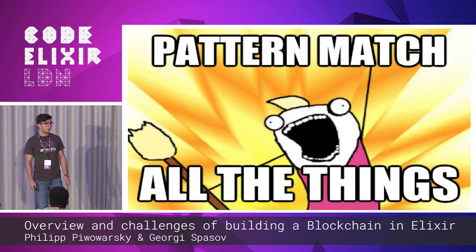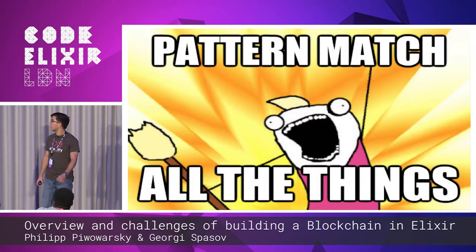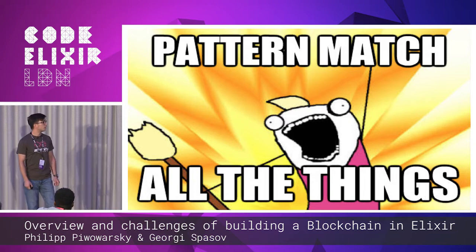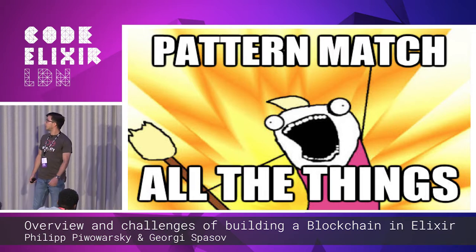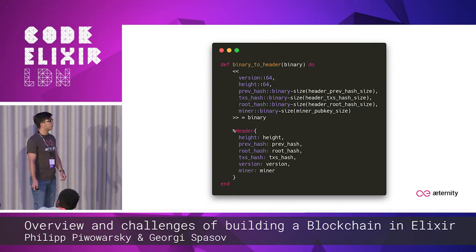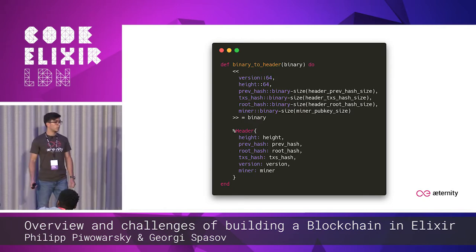And coming from the previous talk, I think you already know why pattern matching is quite nice. We find it really lovely in Elixir because we find it quite useful in a few cases that I'll showcase right here. So this is a simple function that would get a binary, and we can pattern match the values that we actually need in this binary and build some sort of a structure that later we will use.